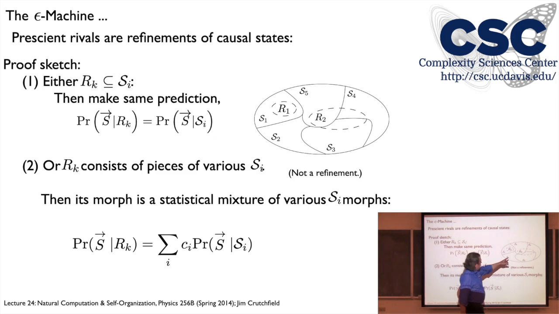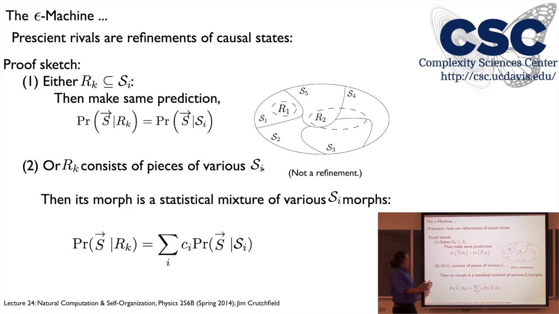Or the more interesting case is when the rival partition cell contains causal state cells, some number of those. Just in terms of the vocabulary, this is not a refinement, it's a mixture of the partition elements. So the future predictions we would make, the future morph conditioned on R2 in this case, is going to be some mixture of the future morphs associated with S5, S4, and S3.